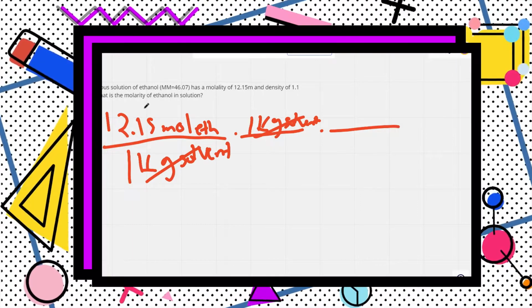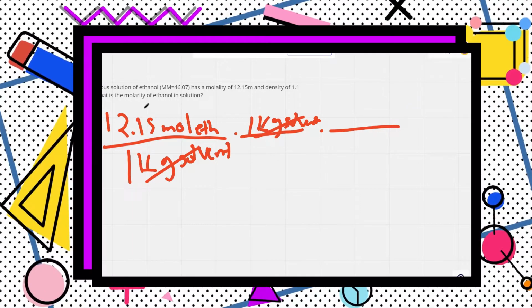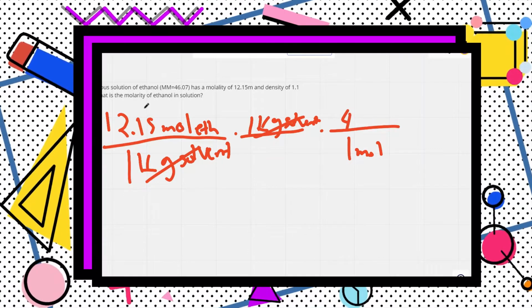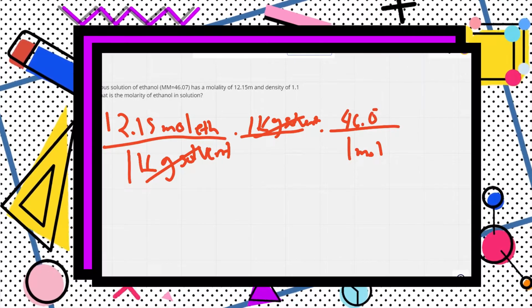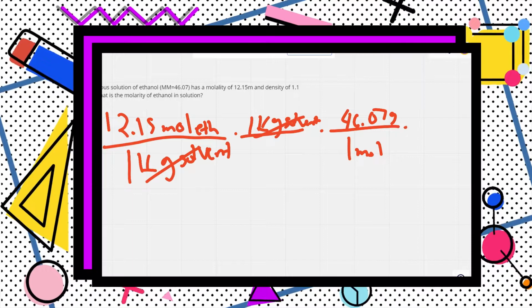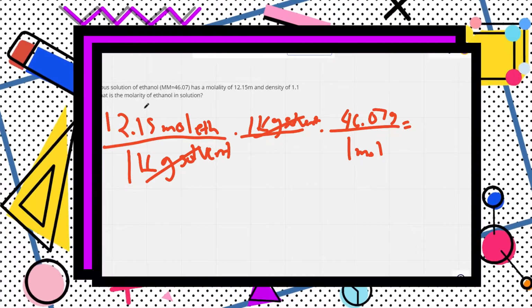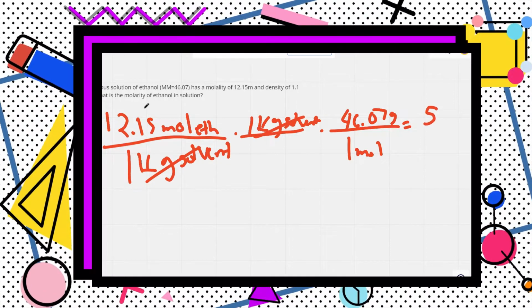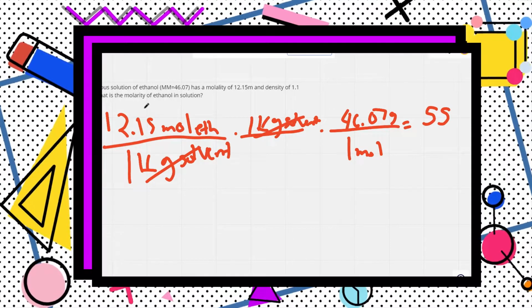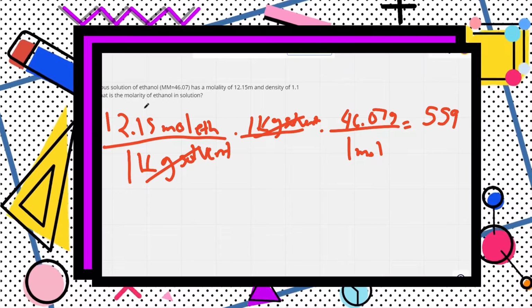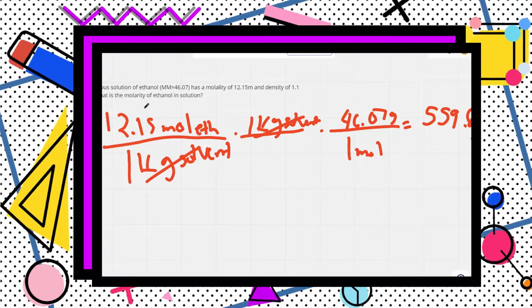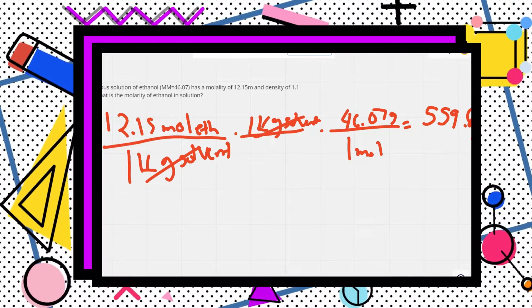And then from here, I can convert this to grams because I have my molar mass, 46.07 grams of ethanol. Once I multiply, I'm going to see that I get 559.8 grams of ethanol.